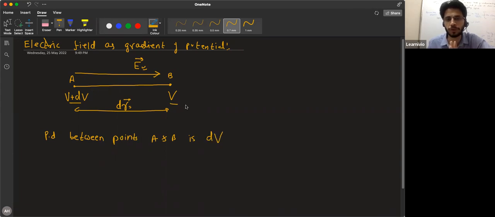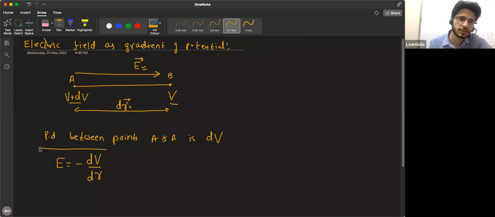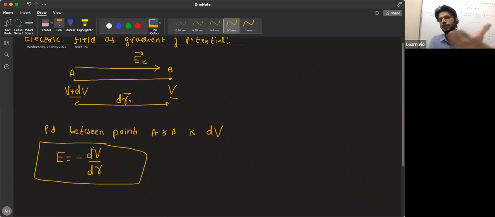V plus dV and V, the difference is dV. And the separation between the 2 points is dr. The expression of field is that field is minus the change in potential with respect to position. So if you have change in potential and separation, then you can calculate field.